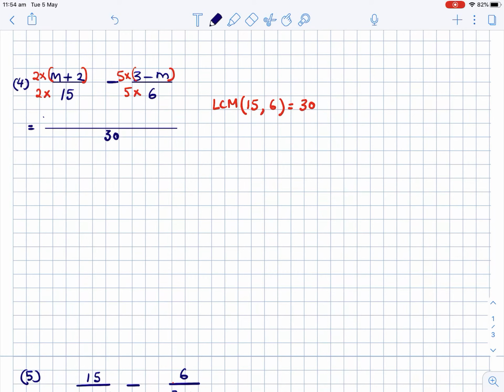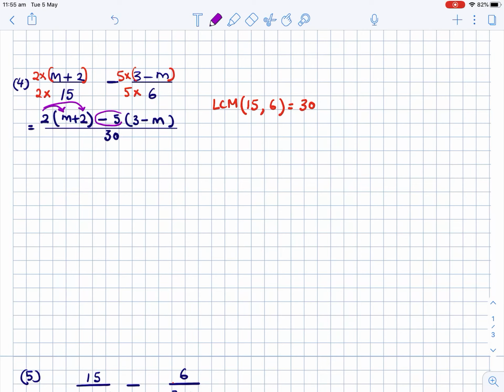So now I can write the numerators. Numerator of the first fraction is 2 times m plus 2. Take away 5 times 3 minus m. Now we should expand the brackets to simplify it further. So first term bracket is being multiplied by 2.